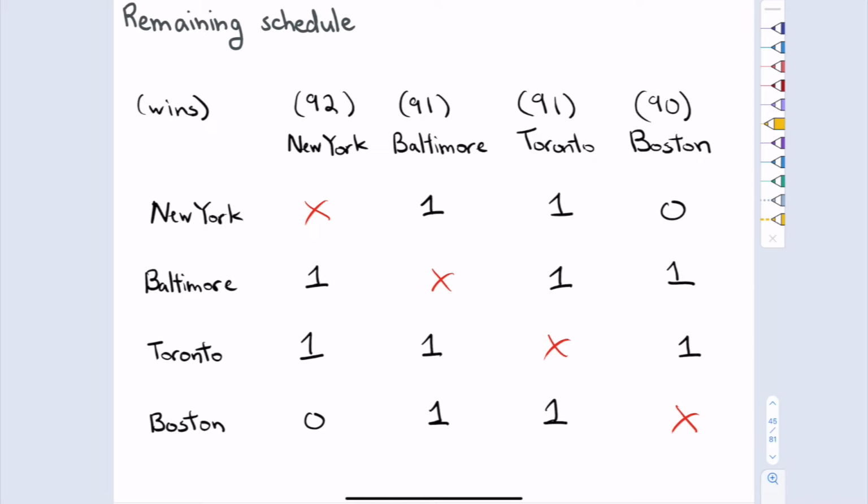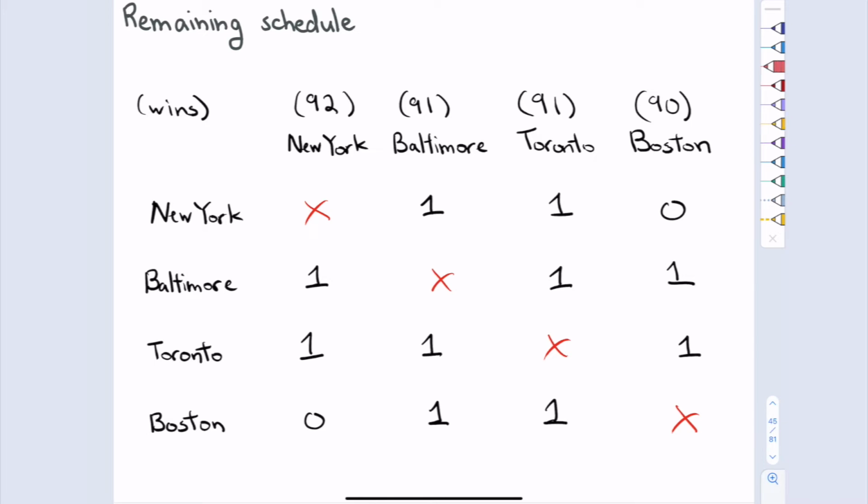Making the playoffs just means they tie for first. They get in the play-in. All right, anyone come up with yes? We got 2 yeses. Anyone come up with no? 3 no's? Okay, great.